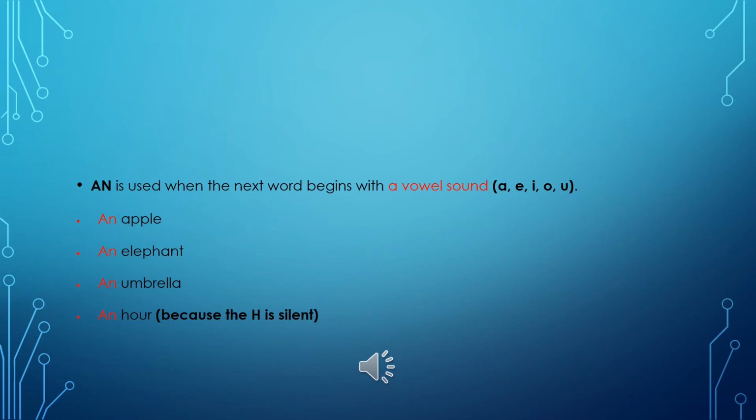An is used when the next word begins with a vowel sound like A, E, I, O, U. For example, an apple, an elephant, an umbrella, or an hour, because the H is silent.